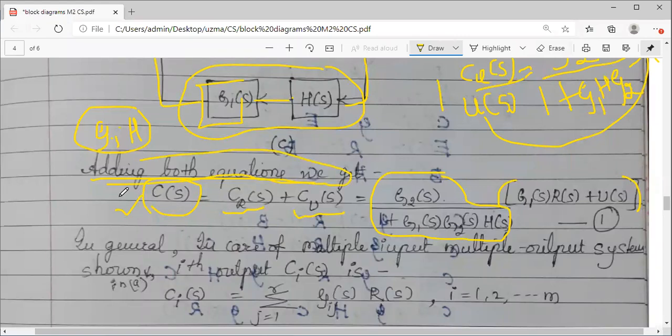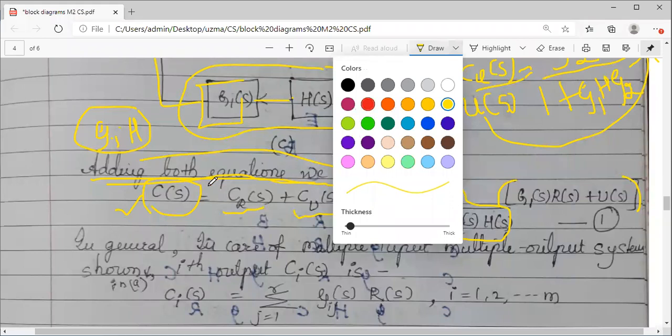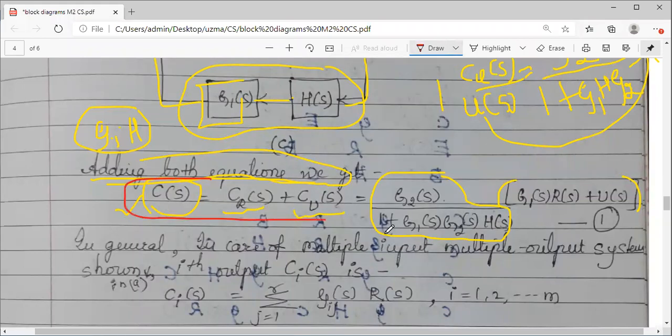So I have given one example of two inputs, one is R, one is U. I can similarly go for 3 inputs, 4 inputs, 5 inputs. In general, I have to generalize this output. Whatever equation we have derived here, I can generalize this equation.